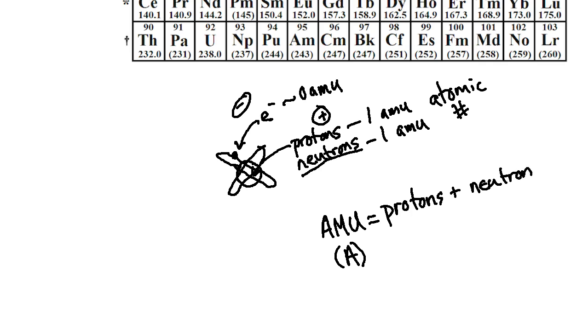If I sum those up, assuming they're 1 AMU apiece, I will find the atomic mass. The unit is one of these individual particles. So every proton would be 1 AMU, every neutron would be 1 AMU. Sometimes the atomic number, the protons, is abbreviated with Z, and then you can find the neutrons.